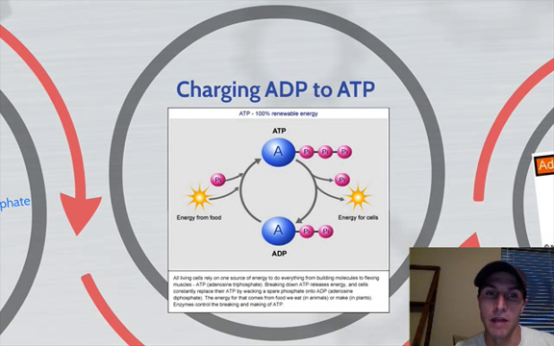When we add energy from food and a phosphate, we can, through a series of enzymes, attach that phosphate to make ATP, and then when we break off that third phosphate, we release that energy. And that's basically it. It's very simple from that. ADP to ATP, and it can be recharged many, many times, just like a rechargeable battery.